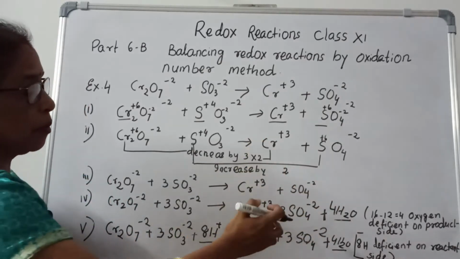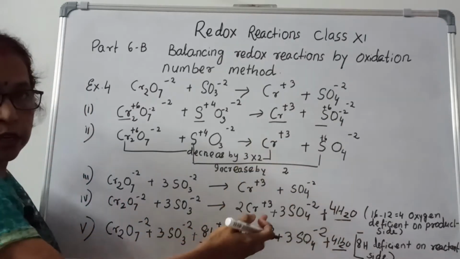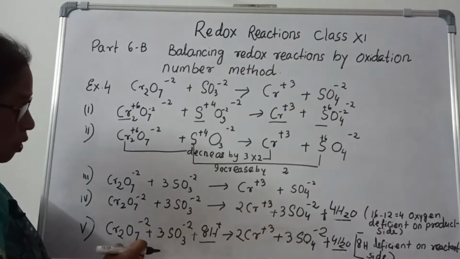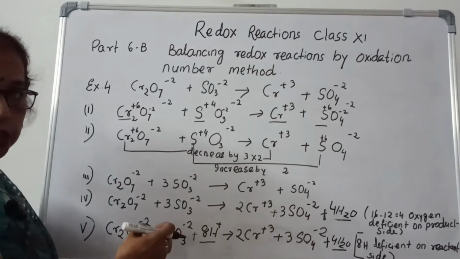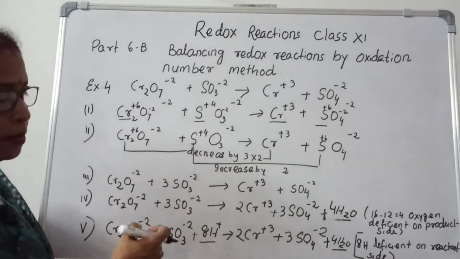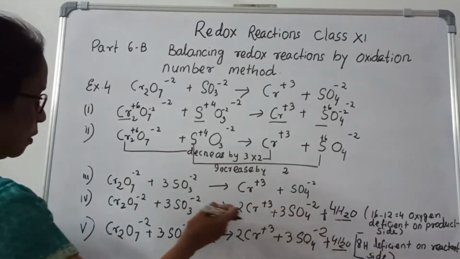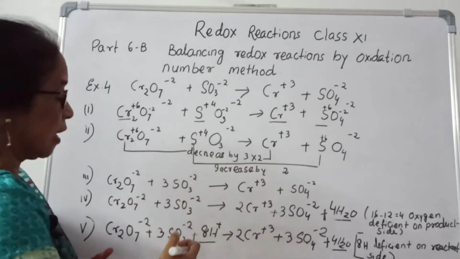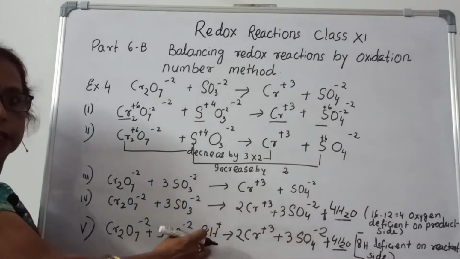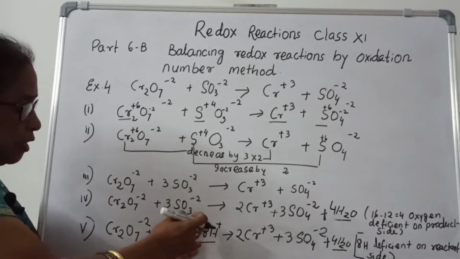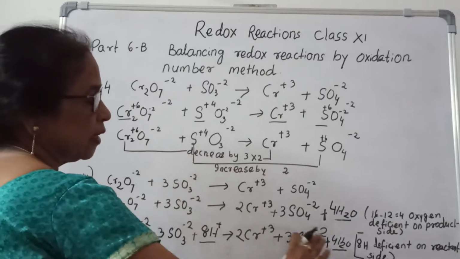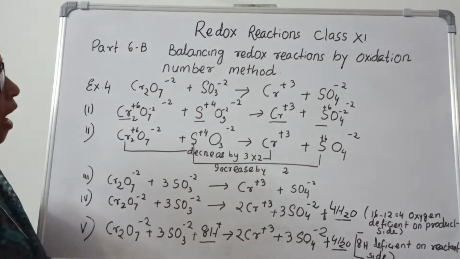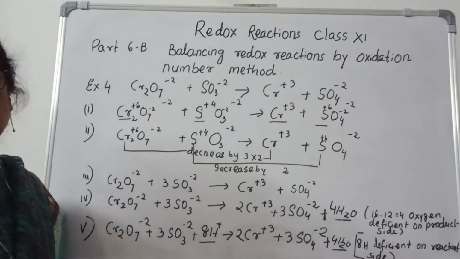Because 4 oxygen atoms are deficient in this side. So oxygen is already balanced. After that we will see hydrogen balance, and here 4 hydrogen, but this side no hydrogen, deficient in hydrogen on the reactant side. That is why I have to put 8H plus on the reactant side, so that the reaction is balanced. Now you can see it is easy to understand how to balance by the oxidation number method.